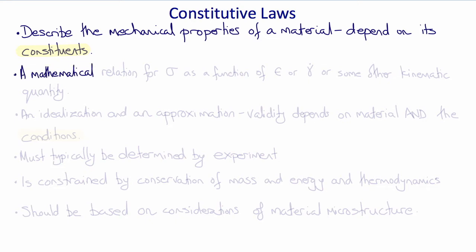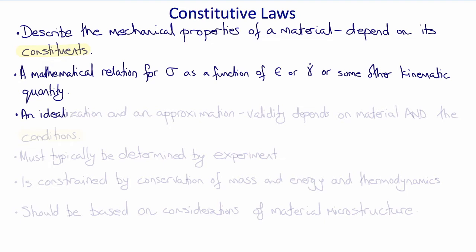They are a mathematical relation for the stress, such as sigma, as a function of the strain or strain rate or some other kinematic quantity. The constitutive law is always an idealization and an approximation, and the validity of this approximation depends not only on the material to which you're applying it, but also the conditions under which the material is being loaded.